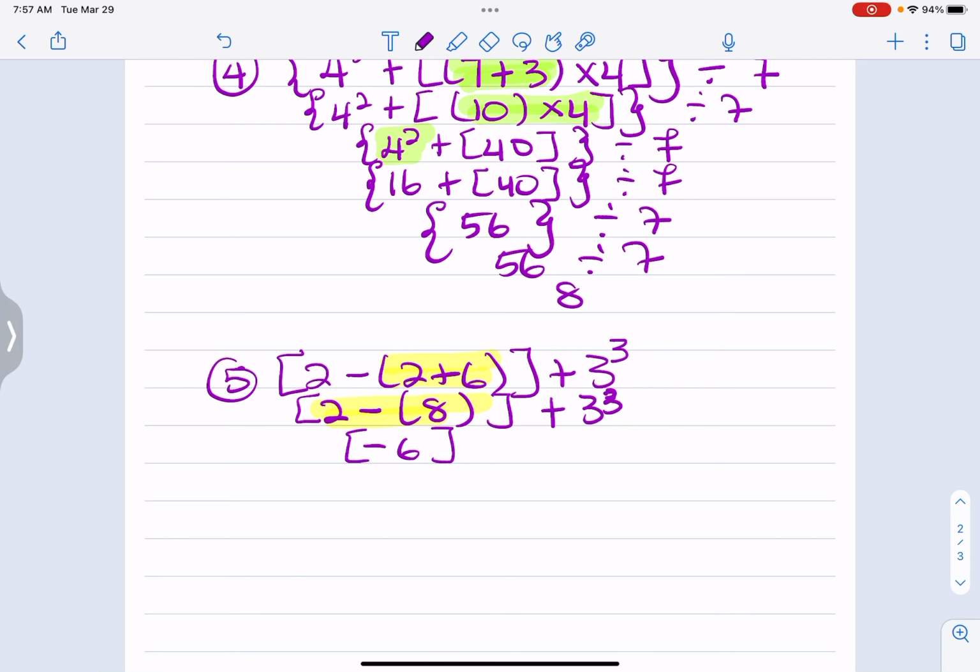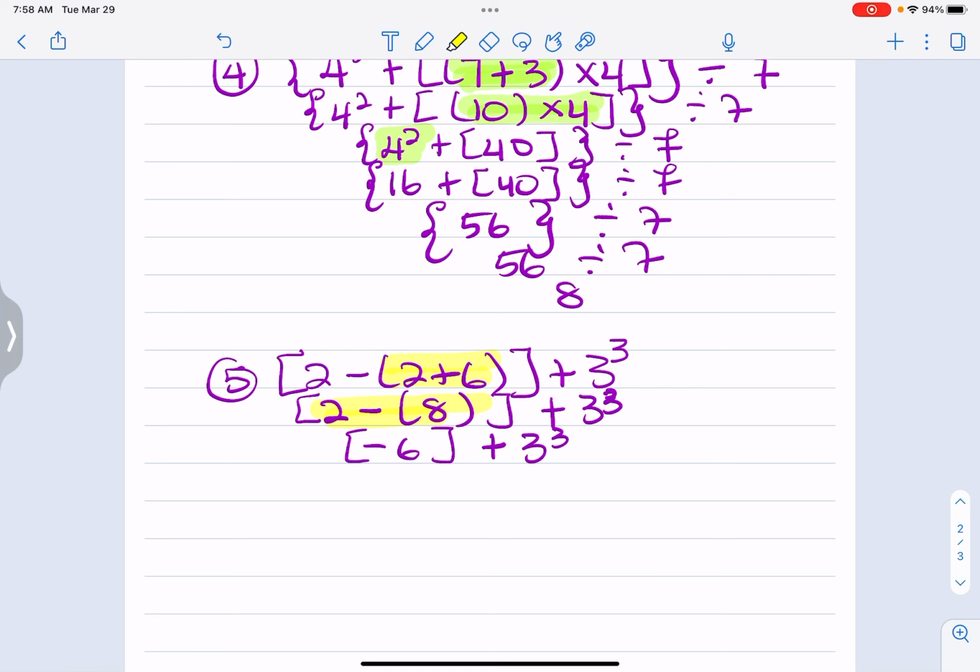See how integers are so important to solving all of these problems? So if you haven't watched my integers video, go back and watch. I have a video on adding integers and subtracting integers. So I'm left with minus 6 plus 3 cubed.